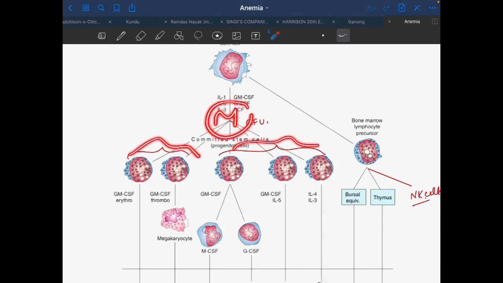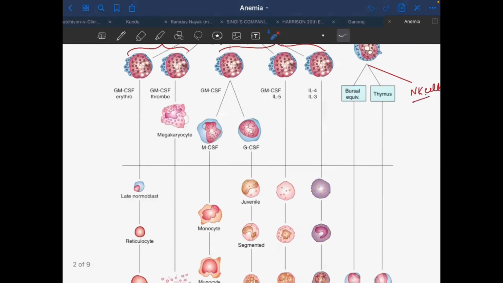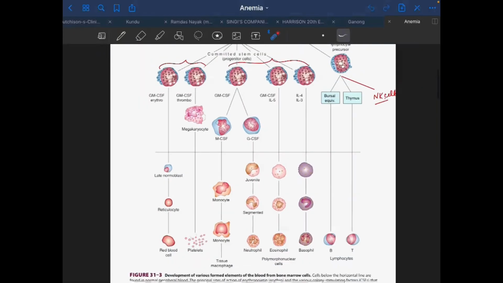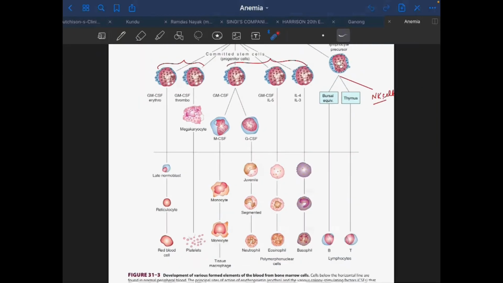The myeloid group will divide into the erythropoietic group and your granulocytic group. Then these are further divided into their respective categories. The colony forming units of erythrocytes will form reticulocytes, then red blood cells, whereas the colony forming units of platelets, that is megakaryocytes, form megakaryocytes, leading to formation of platelets.